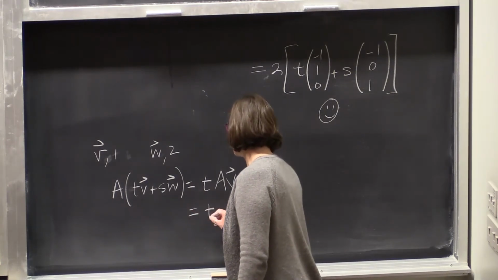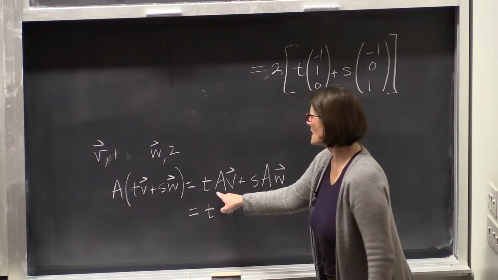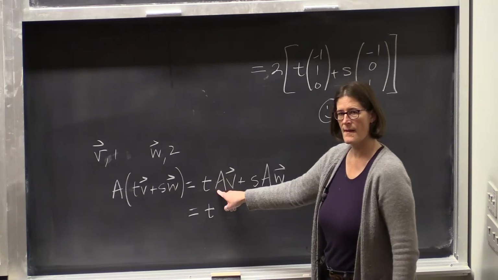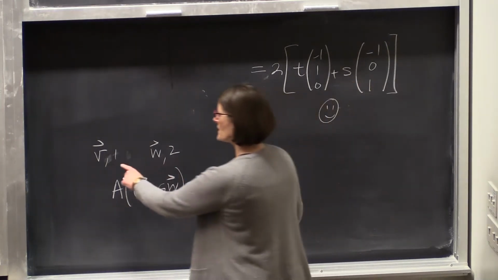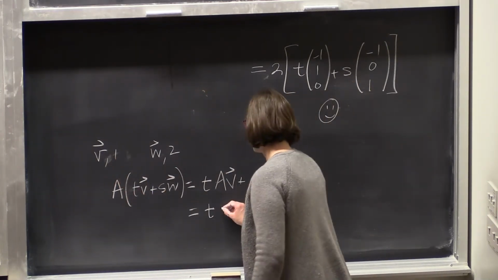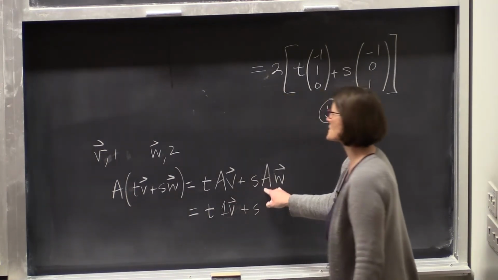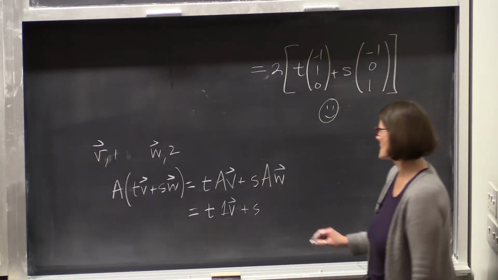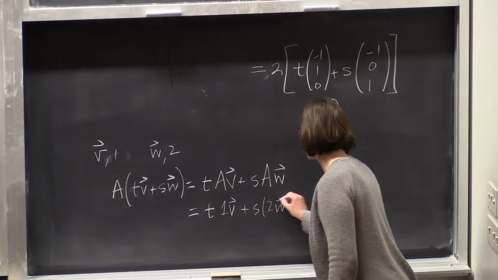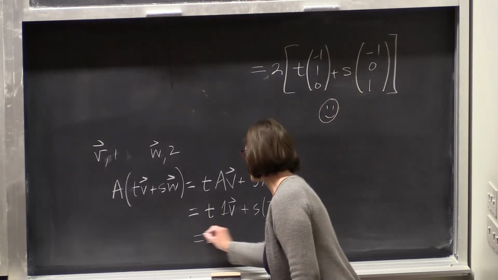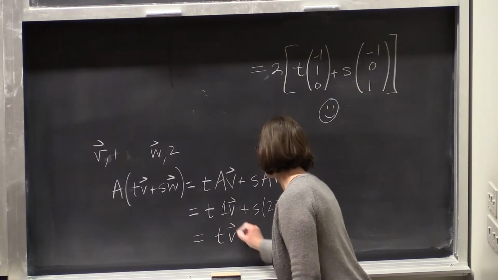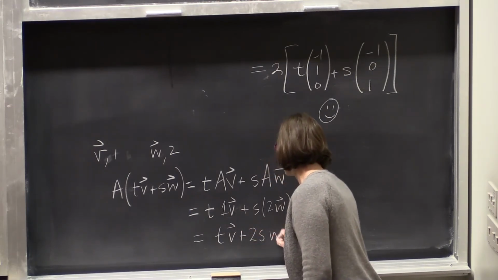What is A times v? v, because v has eigenvalue 1. What is A times w? 2 times w. So I would get tv plus 2sw.